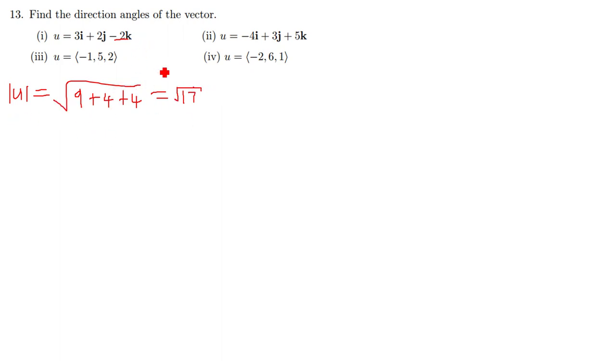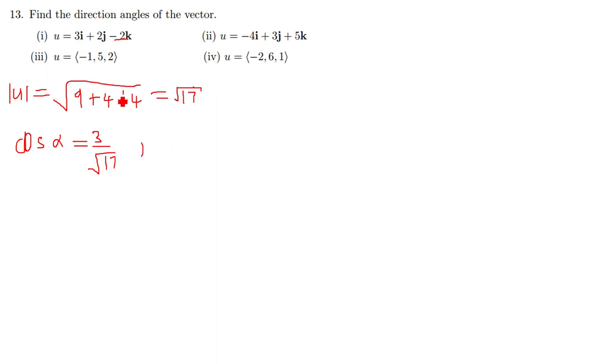So apart from that, let us now find the cosines. Before you find the direction cosine angles, you first have to find the direction cosines. The first direction cosine is cos alpha, which is just equal to the coefficient of i, 3 over the root of 17.